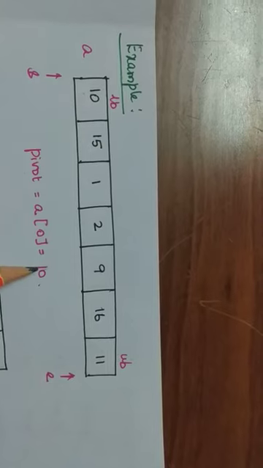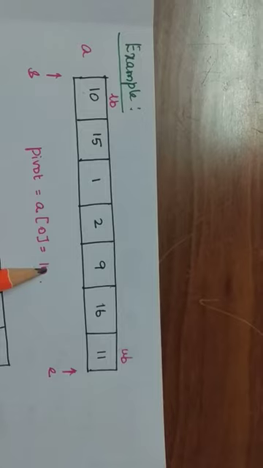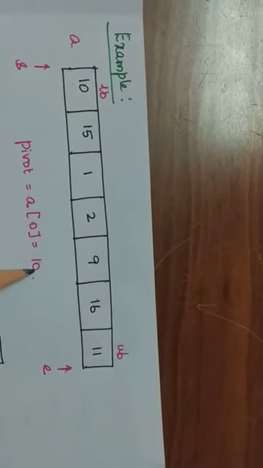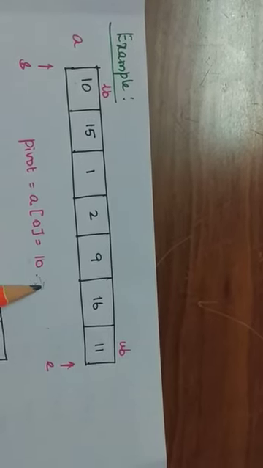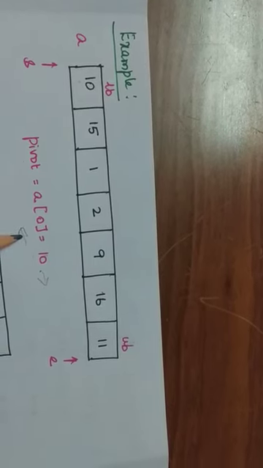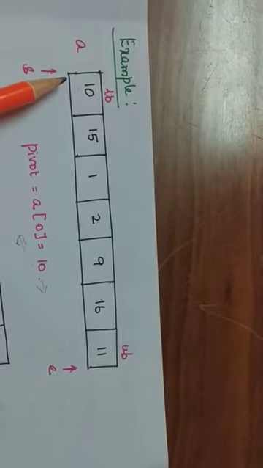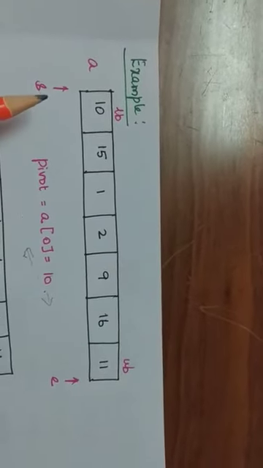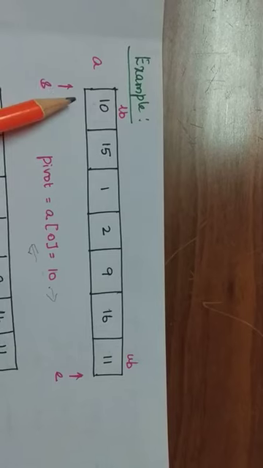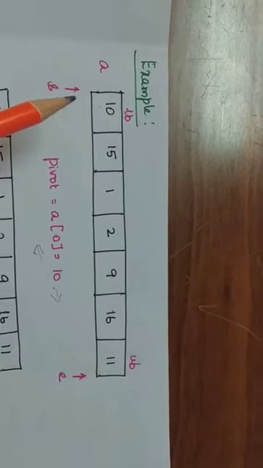When we find this position for 10, the elements towards this side will be greater than 10 and the elements towards this side will be less than 10. So we have taken two variables called S and E. We compare the element at the starting value, the S value.